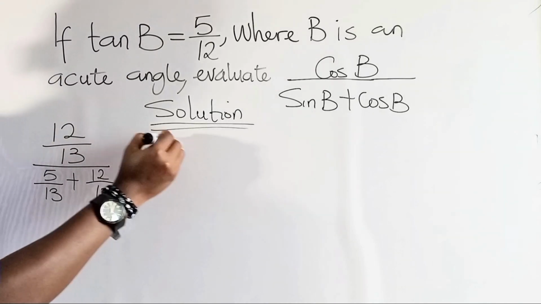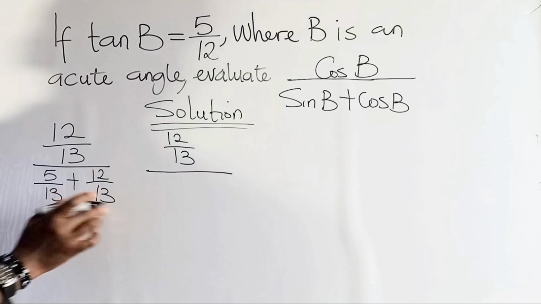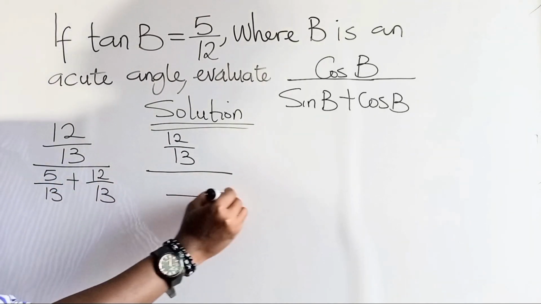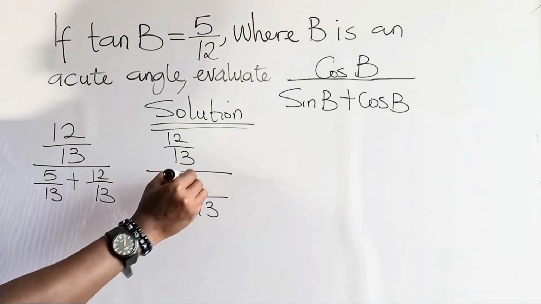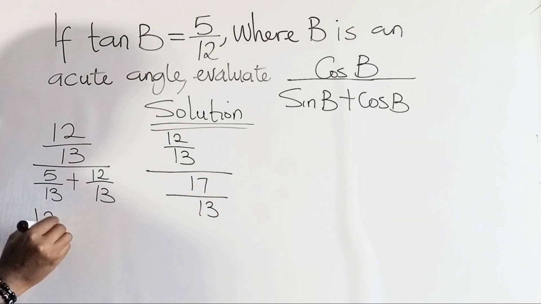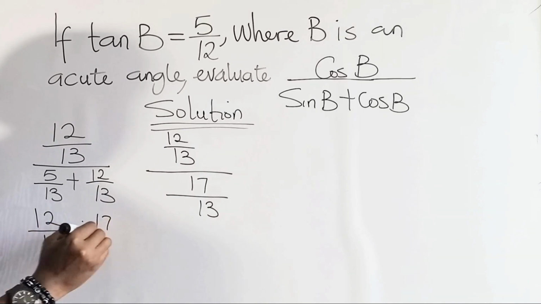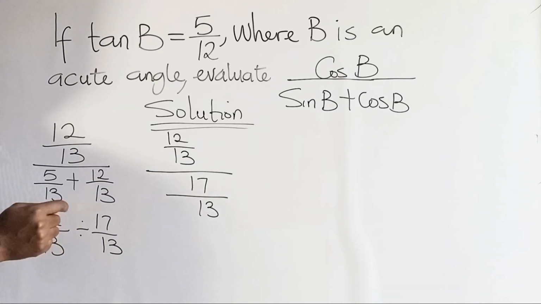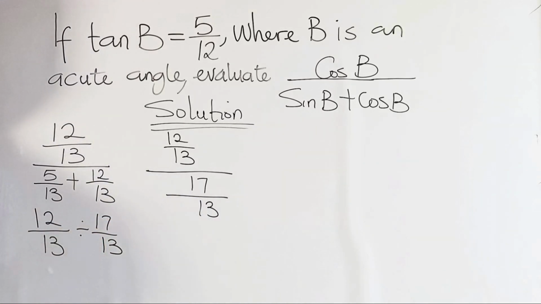So now let's simplify this fraction we have here. We are going to leave our numerator for now, over 13. Then we simplify this denominator. They both have a common denominator of 13. So we pick one, and then it becomes 5 plus 12, which will give us 17. So now our fraction is 12 all over 13 divided by 17 all over 13. Remember that when we have division like this, we can change it to multiplication and reverse the fraction immediately after the division sign.